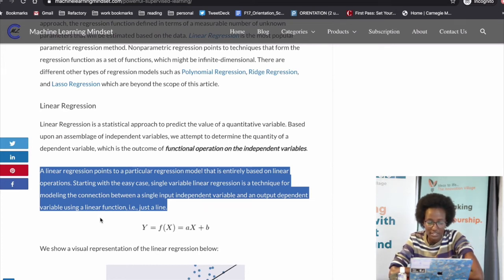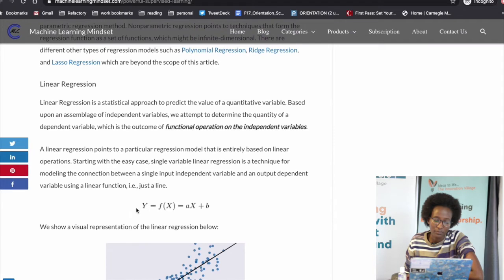Starting with an easy case, a single variable linear regression is a technique for modeling the connection between a single input variable and an output dependent variable using a linear function, just a line. So we're going to see this is the simplest linear regression example, okay?